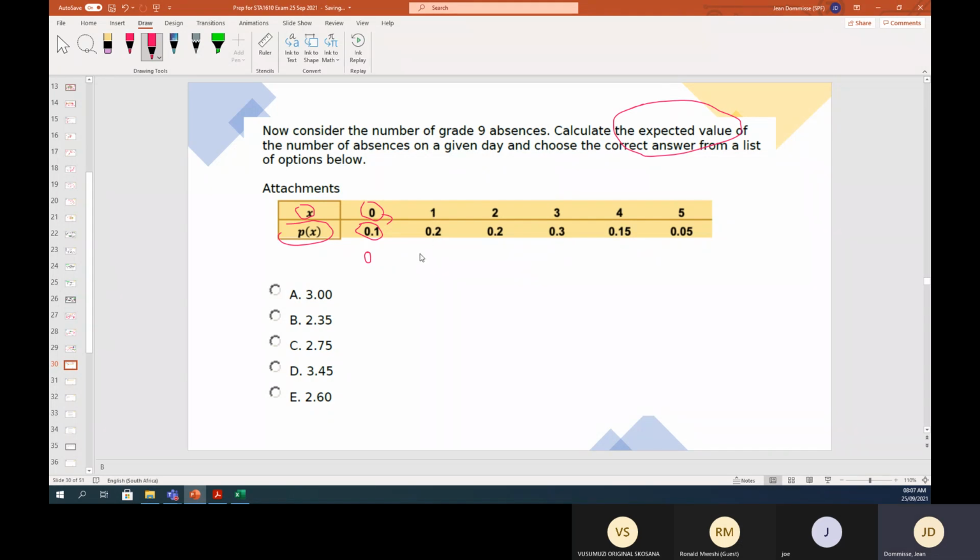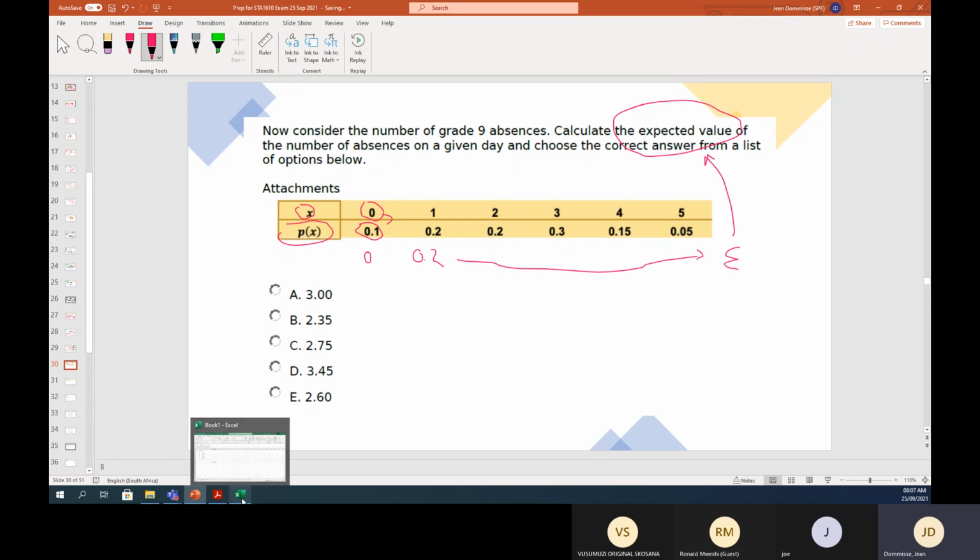So the x times the probability, and we need to do that for all of them. And when we have those individual ones, we need to take the sum of them.